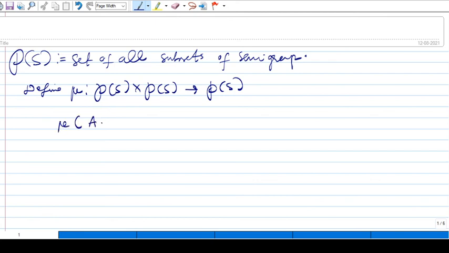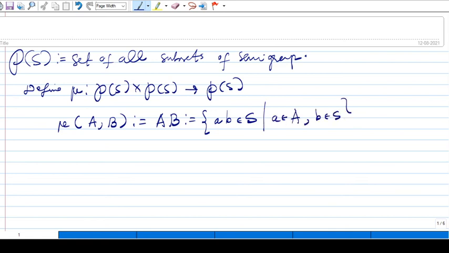μ(A, B), where A is a subset of the semigroup and B is also a subset of the semigroup, is defined as follows. The product of two sets is defined as {ab in the semigroup such that a belongs to A and b belongs to B}. You select all elements in A and all elements in B, then you take the products.